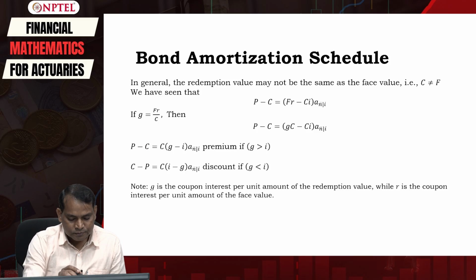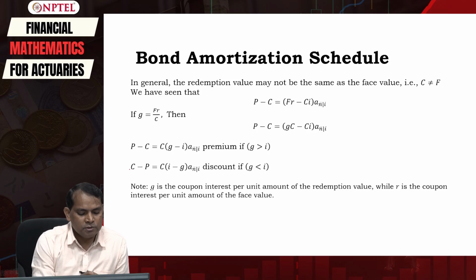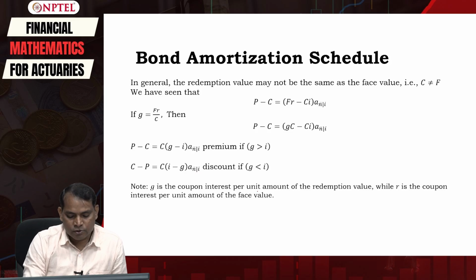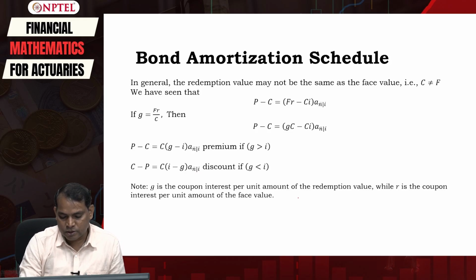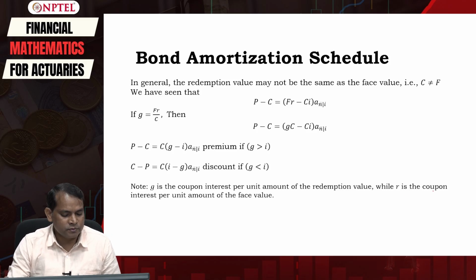The bond is a premium if G is greater than I. The bond is a discount if G is less than I, in which case we write C minus P is equal to C(I minus G) a angle n at i. Note that G is the coupon interest per unit amount of the redemption value, while R is the coupon interest per unit amount of the face value.